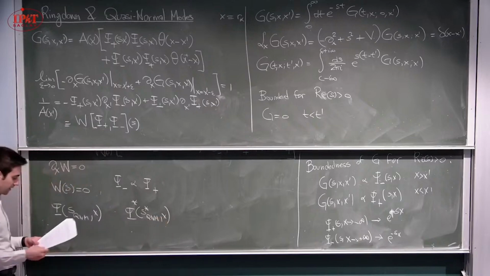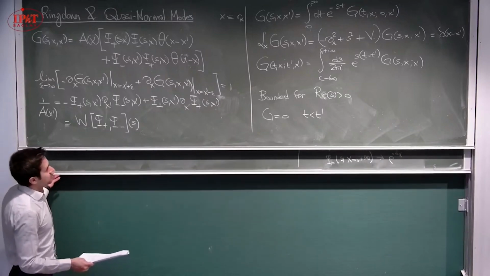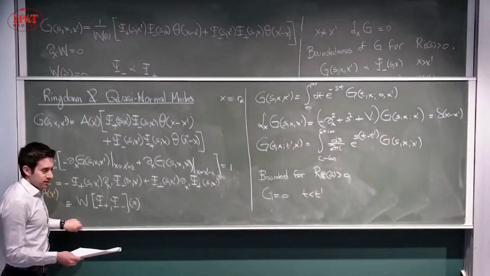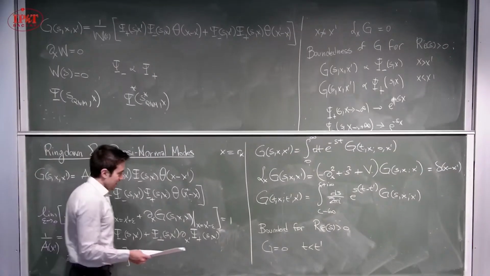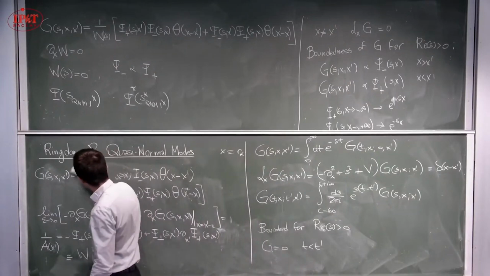So in other words, they come in complex conjugate pairs. Was this obvious? Shall I go faster, slower? We have comments.